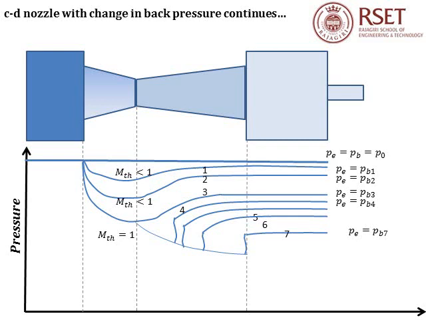Now, moving back to our experiment, when we further reduce the back pressure from PB4 to PB5, we see that the flow again takes the similar curve for the converging part, then it starts accelerating.